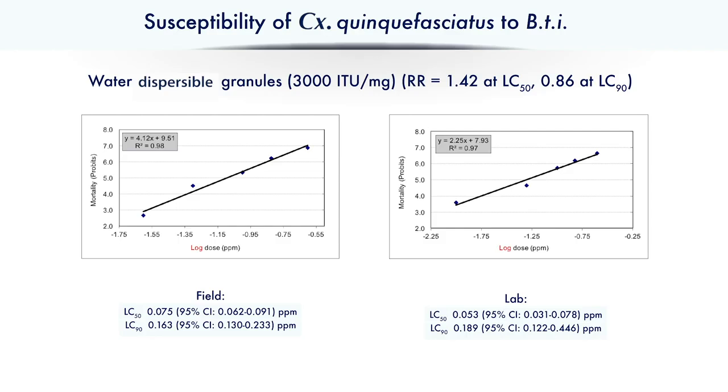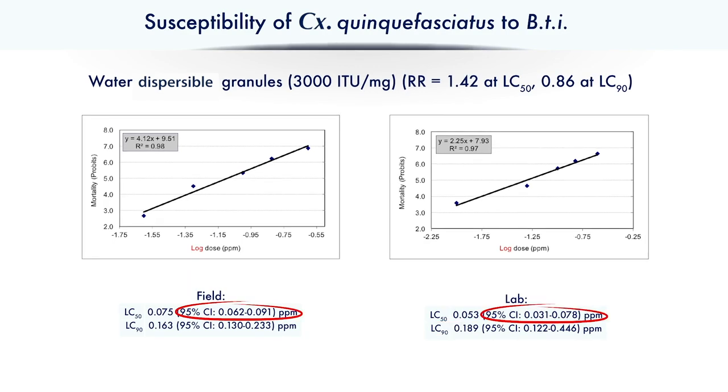Dose response lines for mosquito larvae exposed to BTI with a toxicity of 3,000 ITUs per milligram are shown here. The LC50 value for the field collected population is 0.075 milligrams per liter. The LC50 value of the susceptible laboratory colony is similar, but slightly lower at 0.053 milligrams per liter.